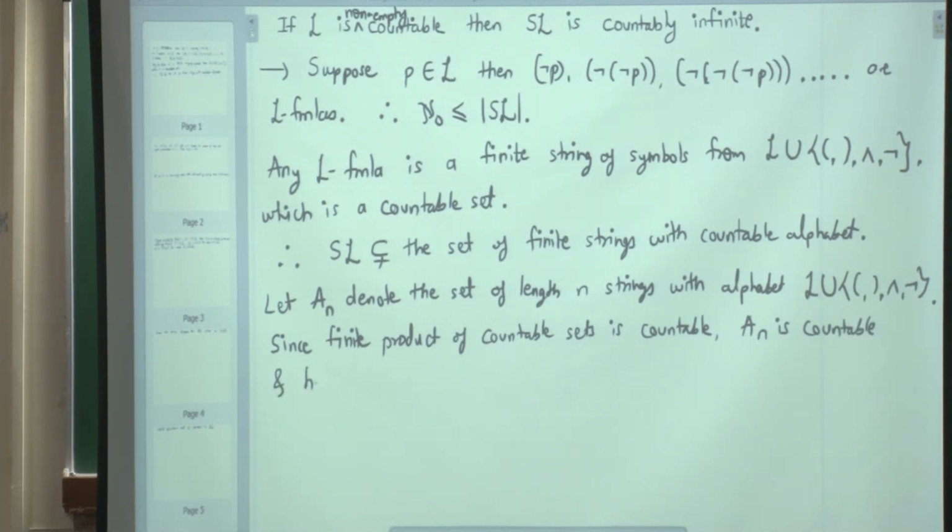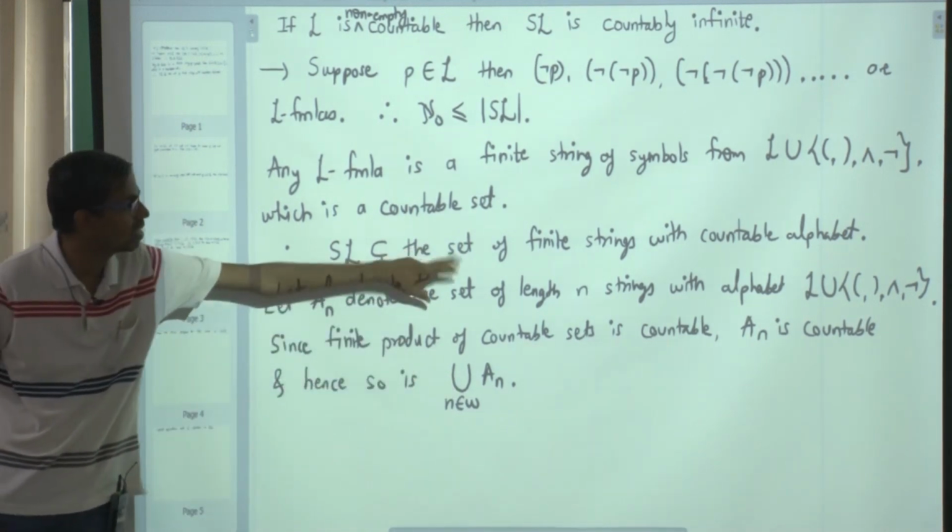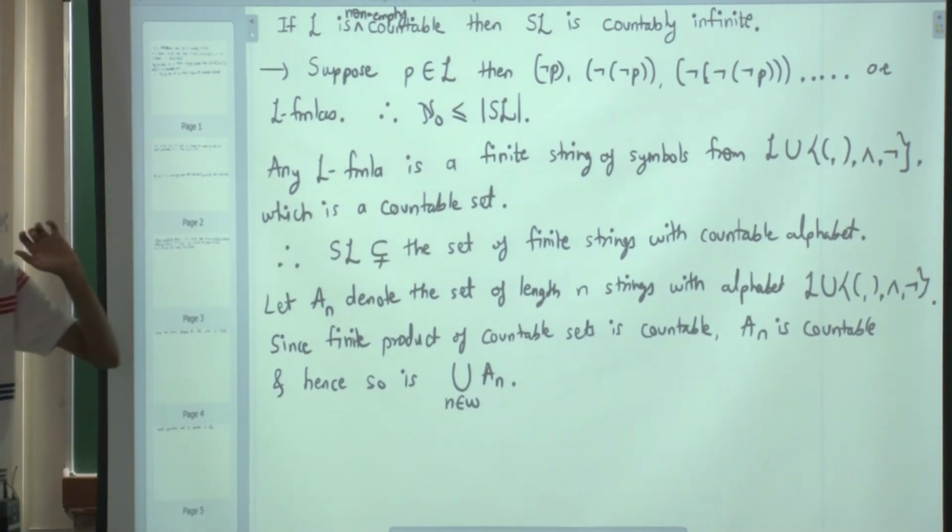And hence so is the union of An, n belongs to omega, correct? If we need we can use the countable axiom of choice, and this union of An is precisely the right hand side here.